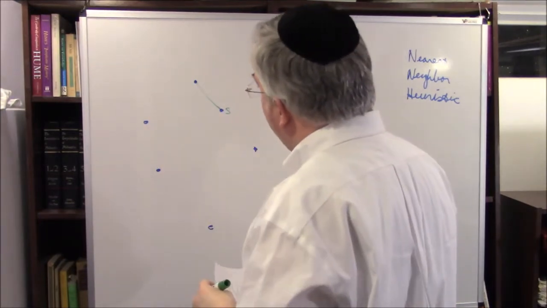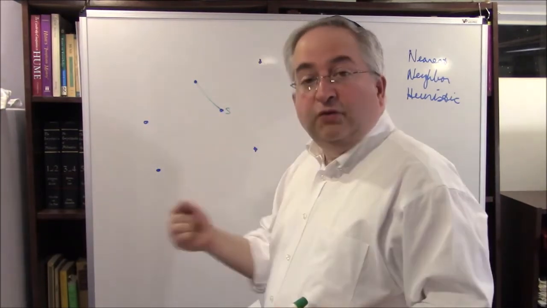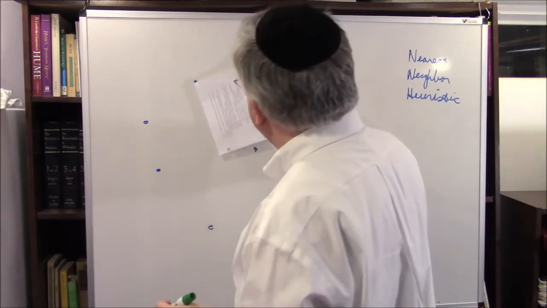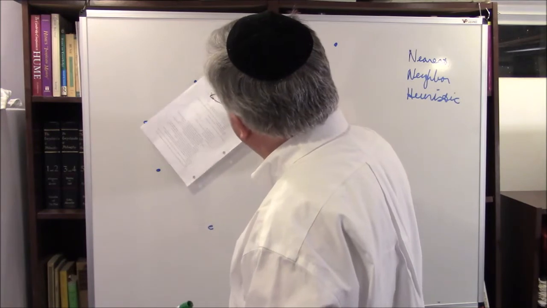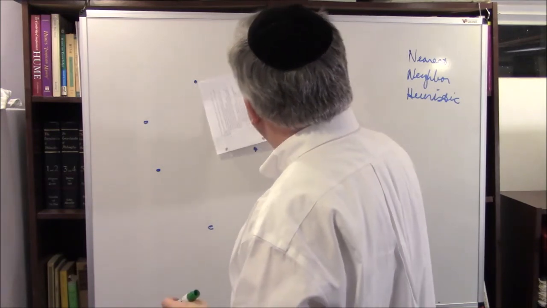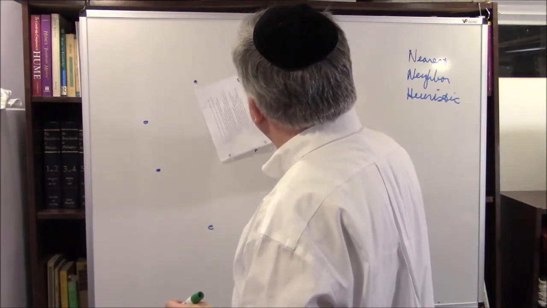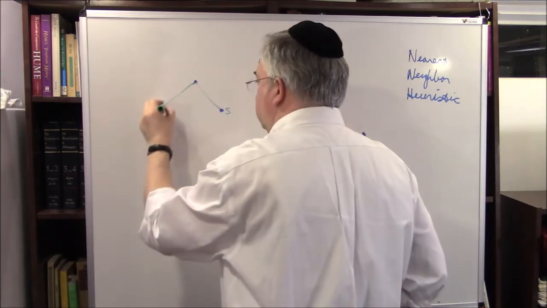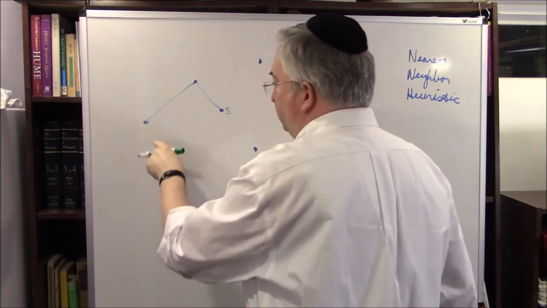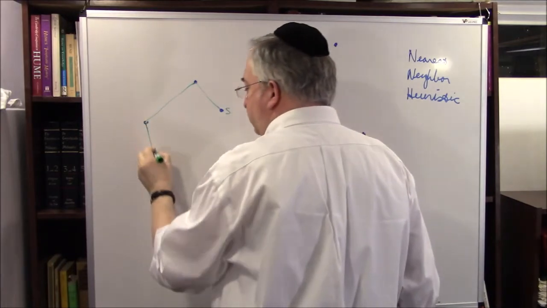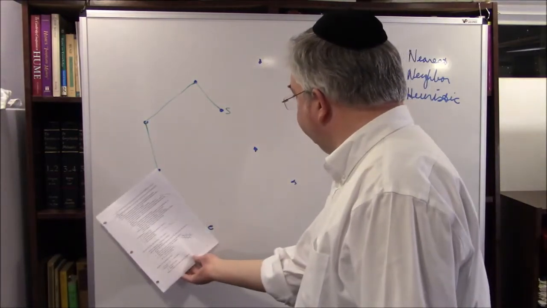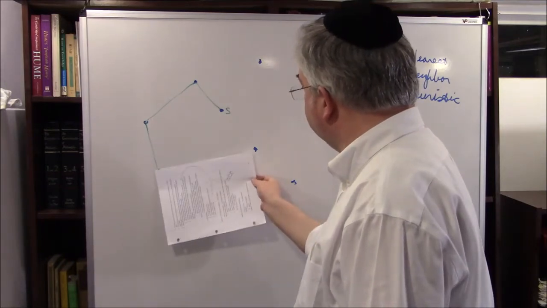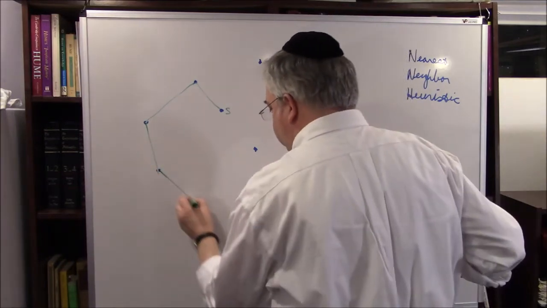Now, you follow this rule again. Question: what's closer, this or this? I think this is closer. The nearest unvisited city is this. The nearest unvisited city is this.